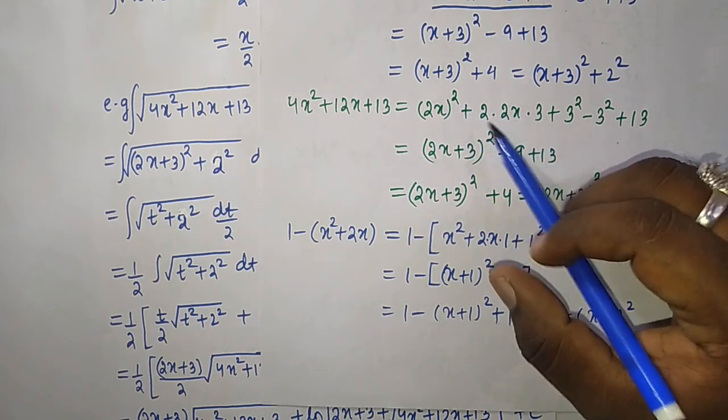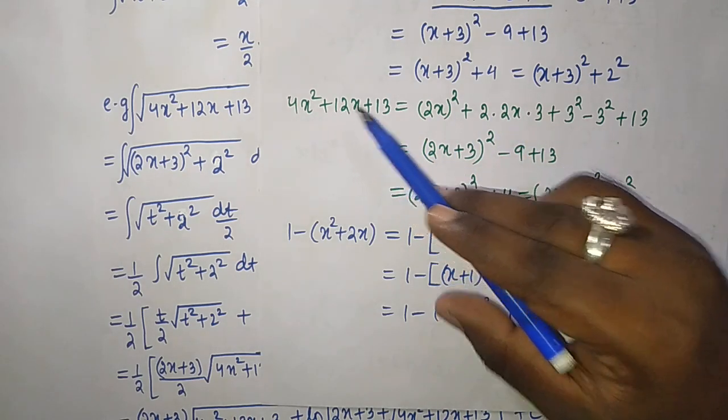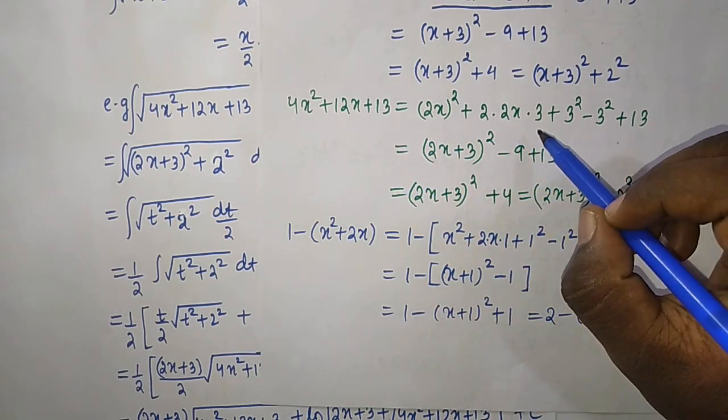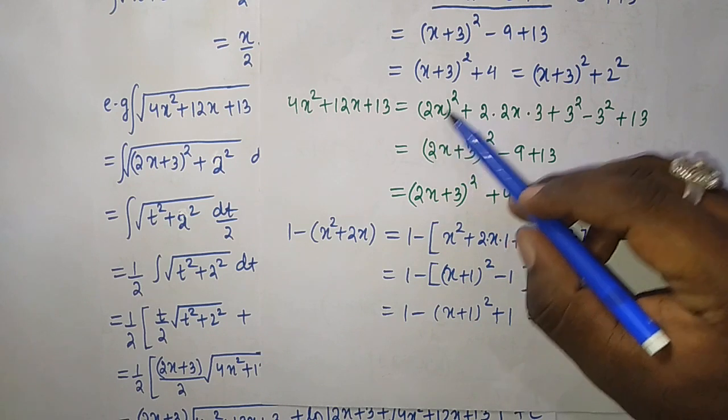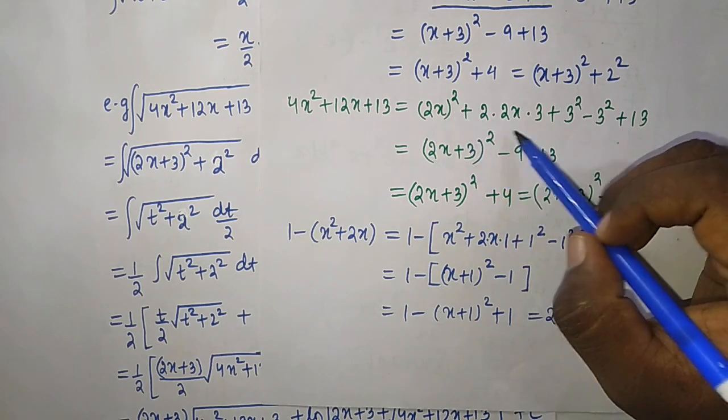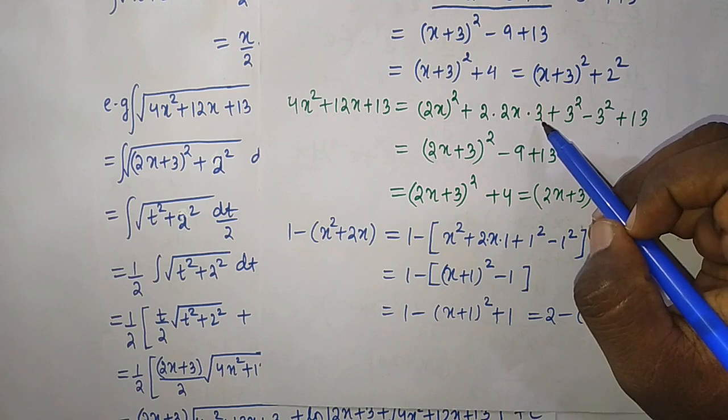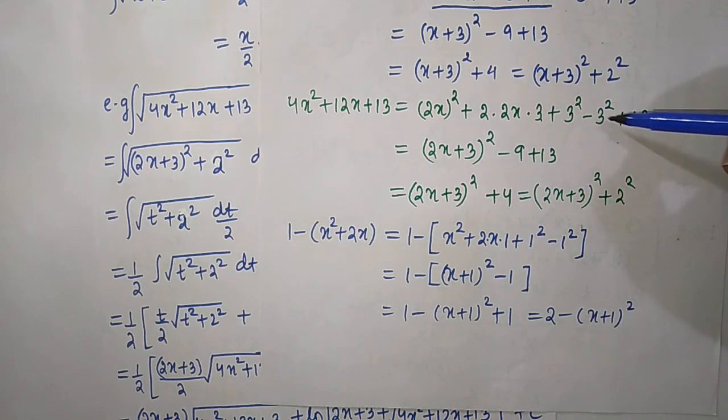Now you can multiply this, you can get this 12x term. In place of a you have 2x, and b is 3, so add 3 square term and again subtract the 3 square term.